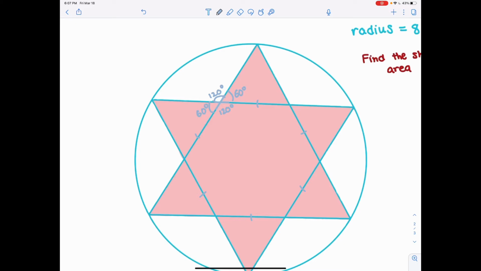Right, because 360 for the circle minus 120 equals 120, and you divide that by 2, 60 degrees on each.